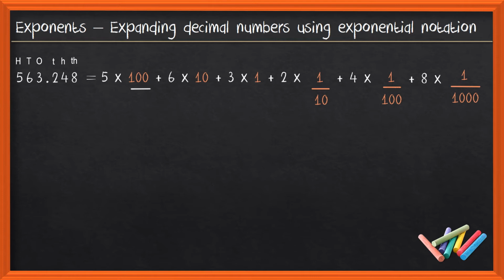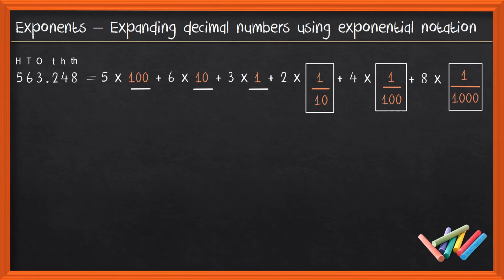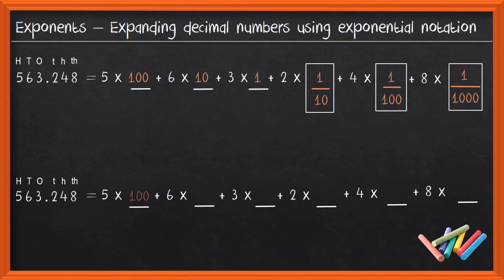Once again, 100, 10, 1, 1 by 10, 1 by 100 and 1 by 1000 can be written as powers of 10. 100 is equal to 10 square, 10 is equal to 10 to the power of 1 and 1 is equal to 10 to the power of 0.